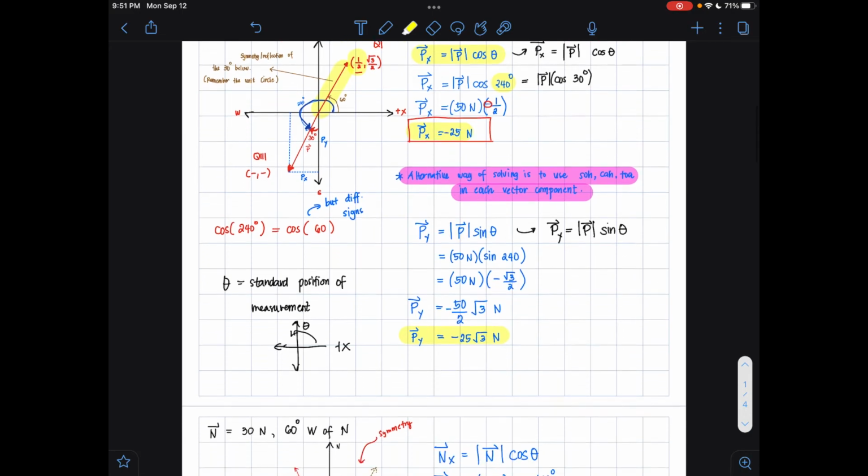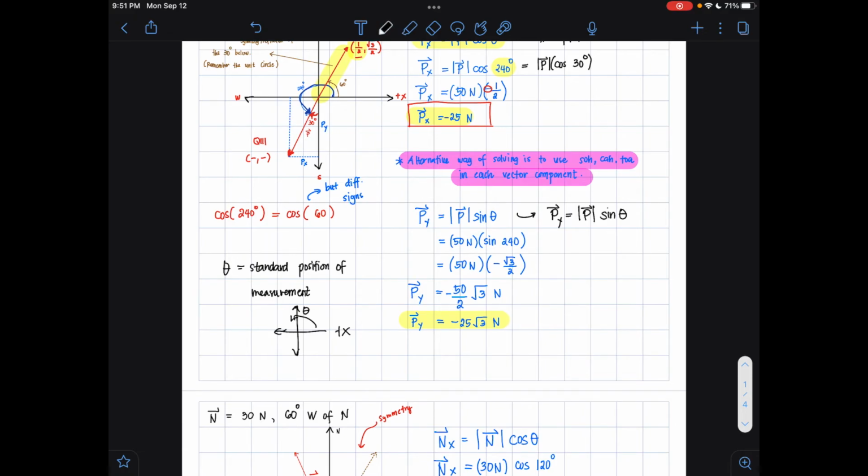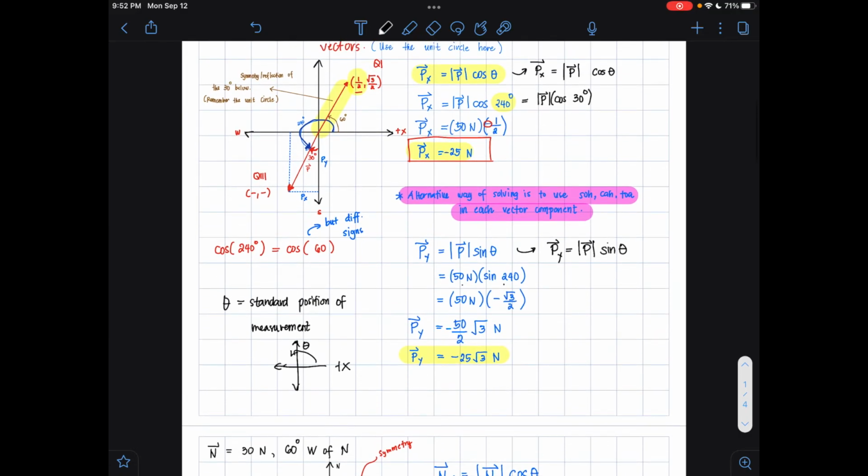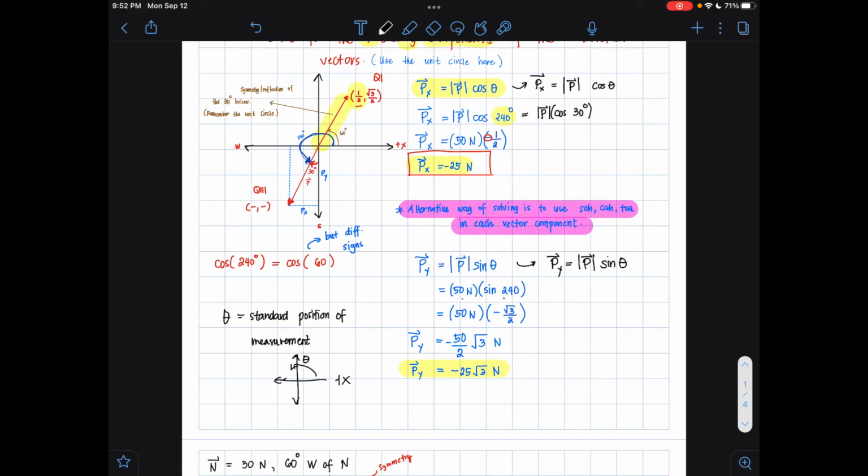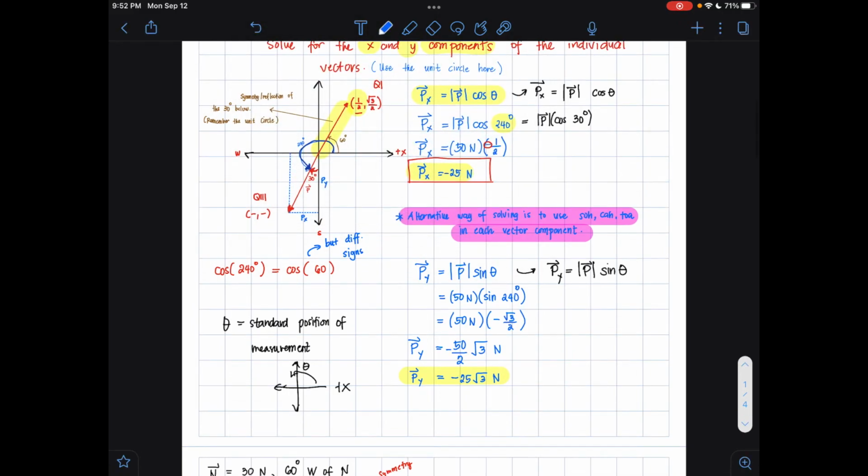Okay? So after plugging in the values, the magnitude of vector p is just 50 newtons, and then the sine of theta is 240. By now, I am hoping it makes more sense to you. Sir, why 240? Let me just change the color. Why 240? Because our theta there is the standard position of measurement, starting from positive x up until the vector itself.